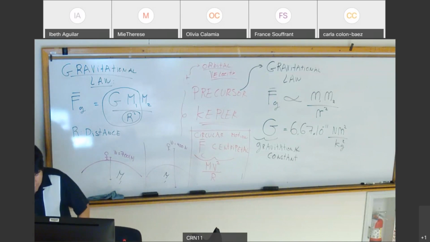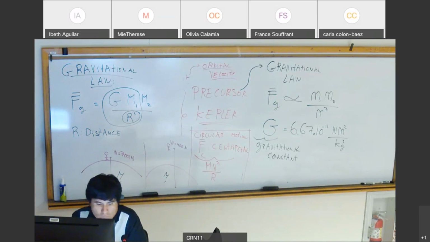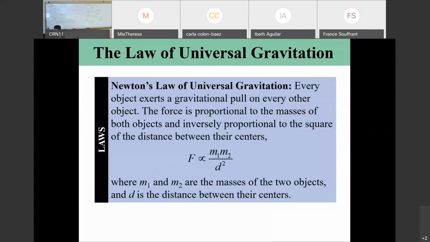Let me show you this slide. There. That's Newton's law. You know what's interesting? That's called the law of universal gravitation. Nowadays we know that that's not very accurate. The law of universal gravitation works for objects that are not very massive and that are not behaving at very high speeds.